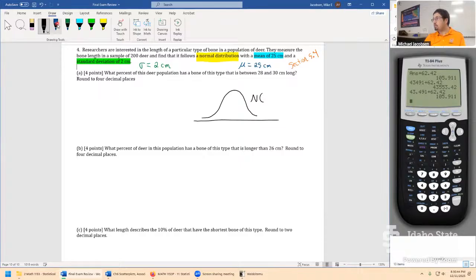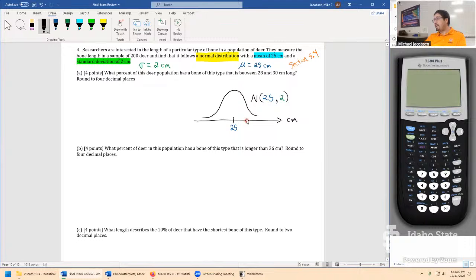This is N(25, 2), 25 for the mean, 2 for the standard deviation. The horizontal axis is centimeters for the bone length. And the center here is directly 25. Standard deviation is 2, so 2 to the right takes us to the 27.